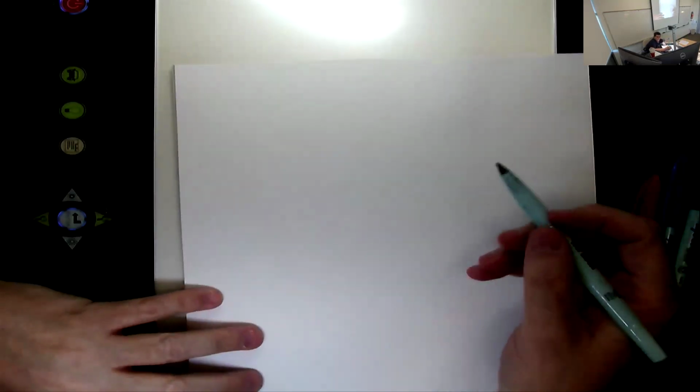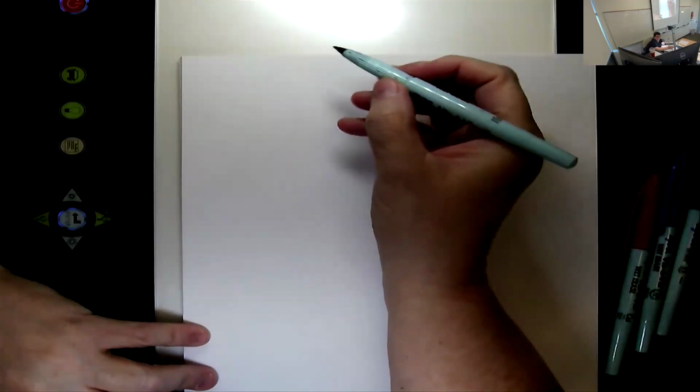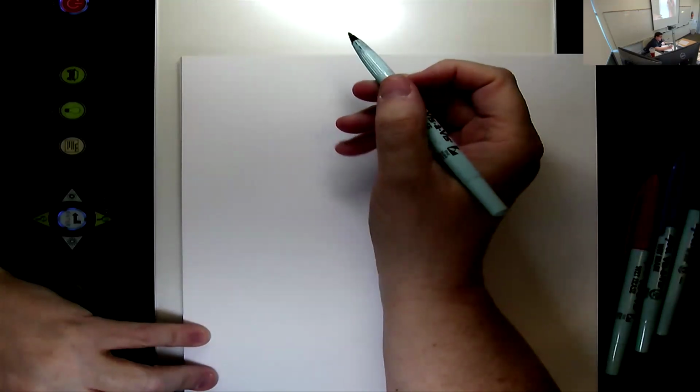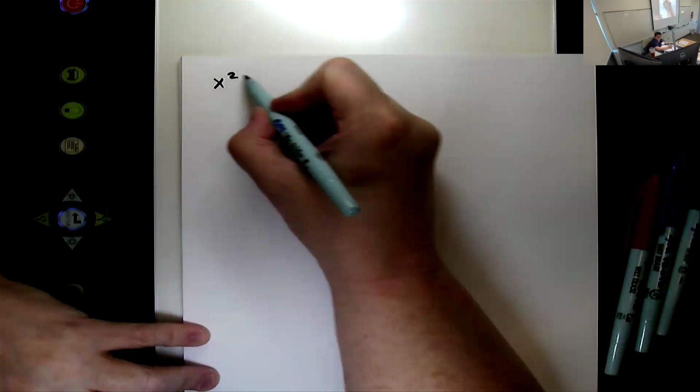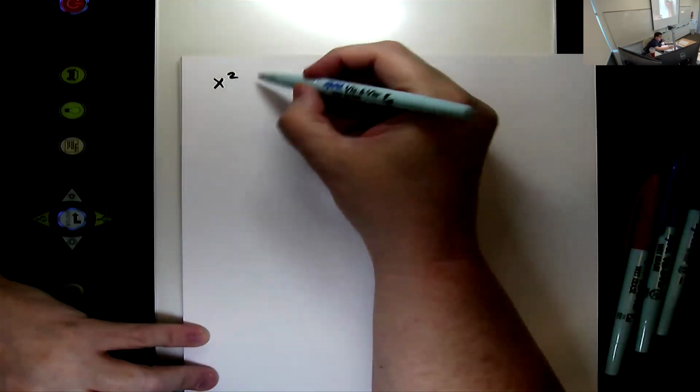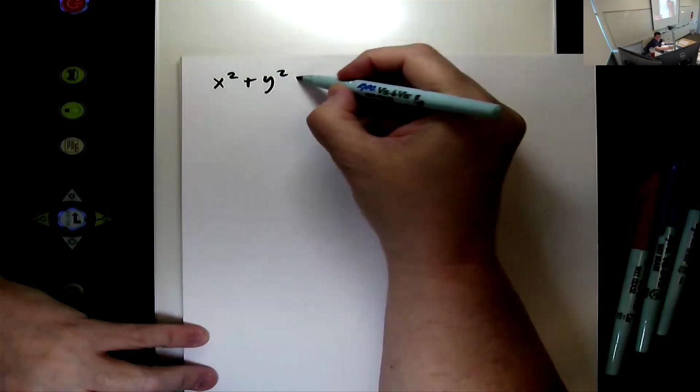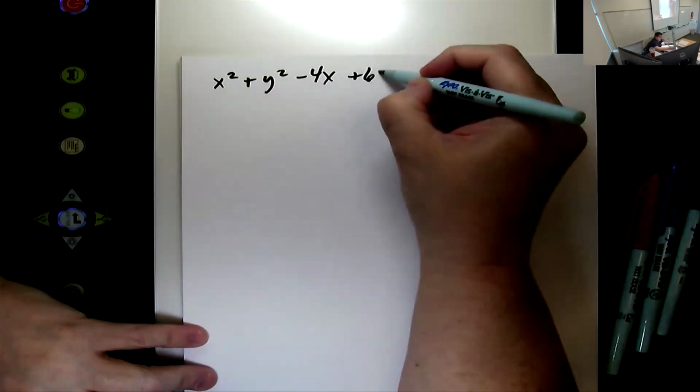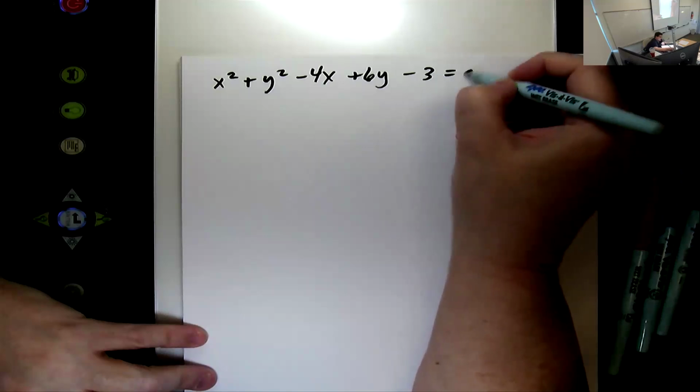All right, so a little bit of practice. Let's start with equations that are not in the right form and write them in the right form. So let's go with x squared plus y squared minus 4x plus 6y minus 3 equals 0.